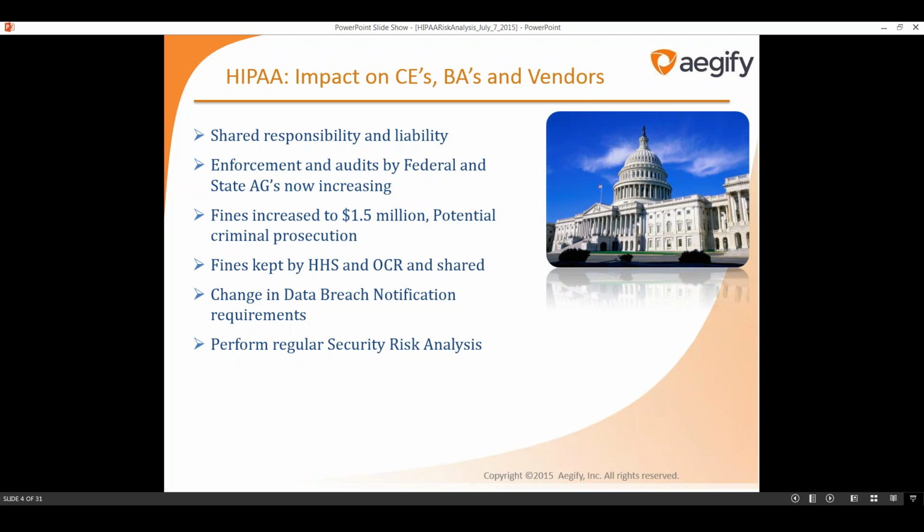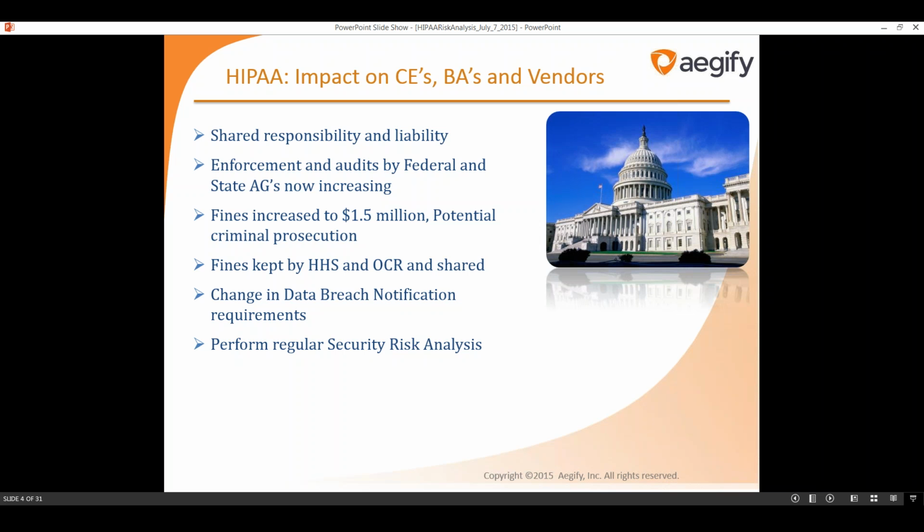And there is also a potential for criminal prosecution. So if it has been found that you have willfully neglected to be compliant with HIPAA, and there's some misrepresentation, not only do you get fined $1.5 million per incident, but you can potentially be criminally prosecuted as well. So it's a big risk that you run into if you're not careful.